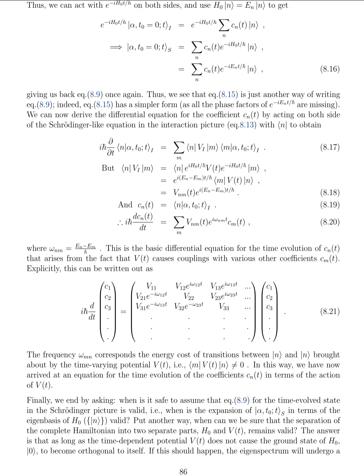So, suppose we purposely multiply, let's say, this e to the minus i H naught t by h bar on both sides. And I want to use the fact that H0 acting on n gives me the energy eigenvalue E of n. So then that multiplies here as well, and this fellow acting on this gives me the Schrodinger state.